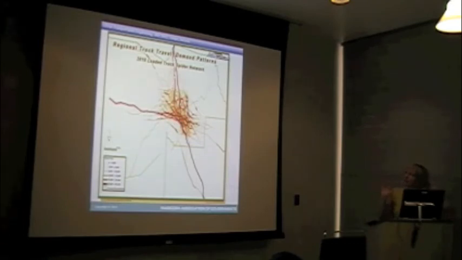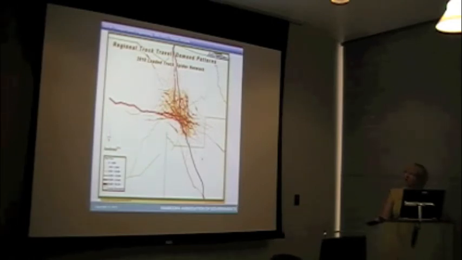So with this slide, I'm trying to make a point about how a map is a more effective way to communicate information. It's quicker and more effective than tables.